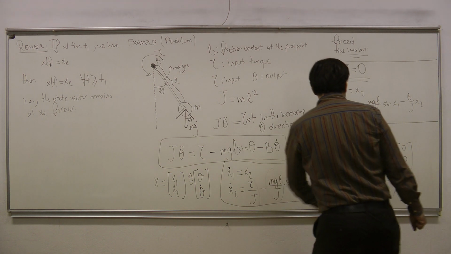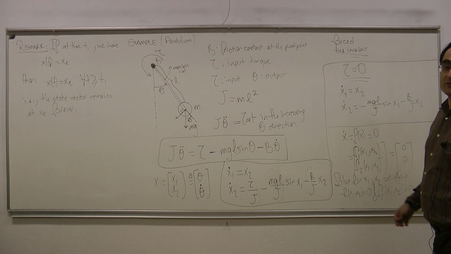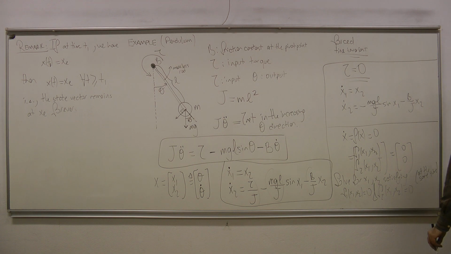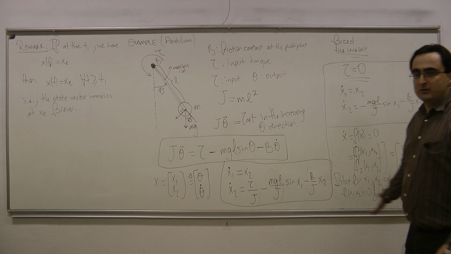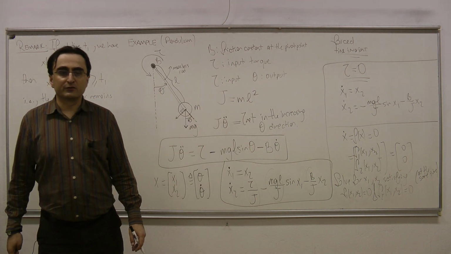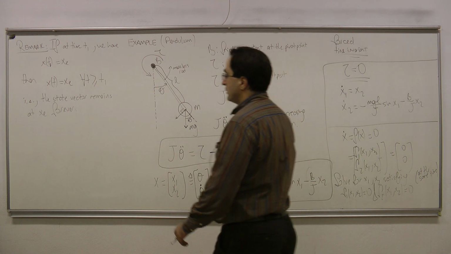And they need to be satisfied at the same time. Because if only one of them is 0, the state will still move in one of the directions. State will not remain at the same point forever.